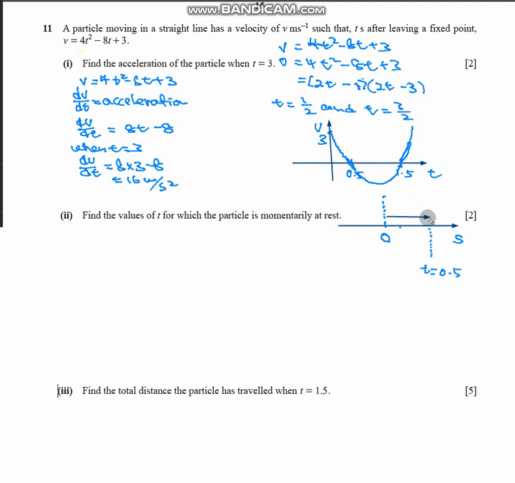That means to say, at this point onwards, the particle is moving backwards. Okay, the direction is negative. And at the point of 1.5, sorry, at the time of 1.5 second, you change direction again.